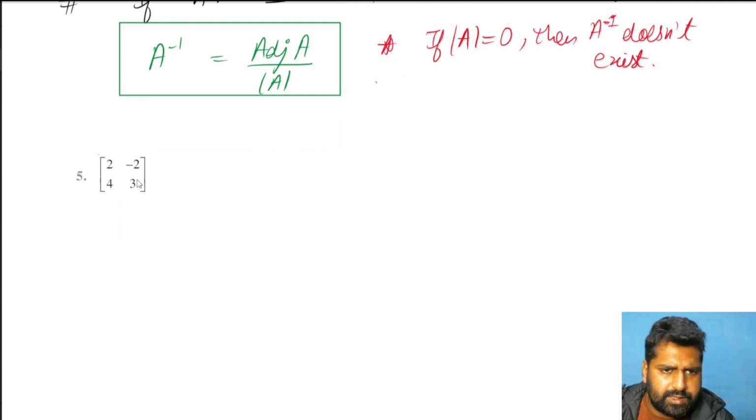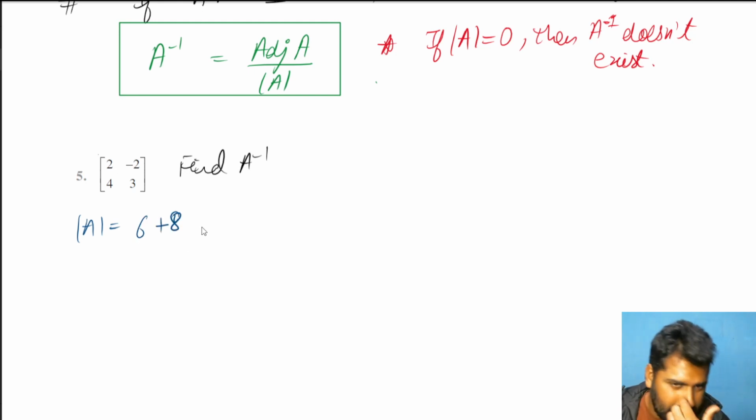So this is our matrix. The question is find A inverse. Let's calculate the determinant first. So 6 minus of minus 8, so basically 14.